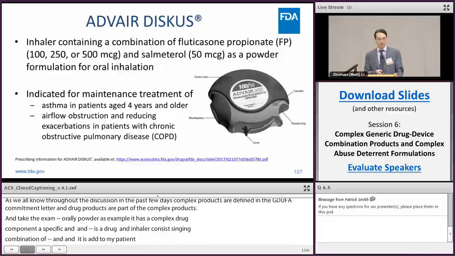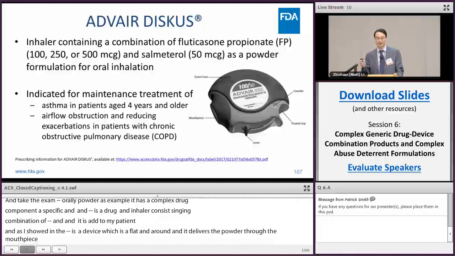As I showed in the figure, the Advair Diskus is a device which is flat and round, and it delivers the drug powder through the mouthpiece to the patient. Before each application, the lever should be slid over to the other extent until one click sounds. And also, there is a counter which shows how many doses are left.